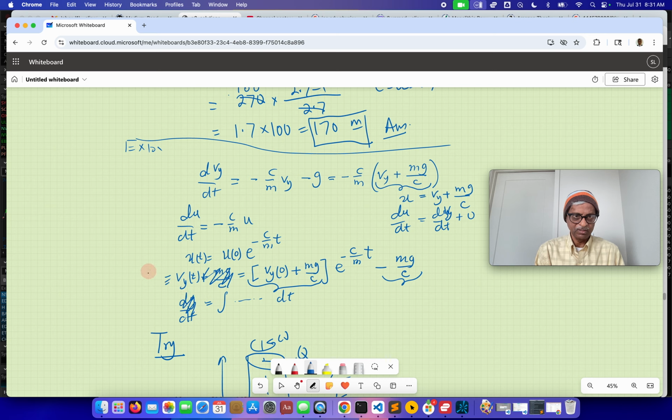This will be y at t minus y0, and I'll just integrate this whole thing with dt, because that's how I'll handle it. The y was not needed, though.